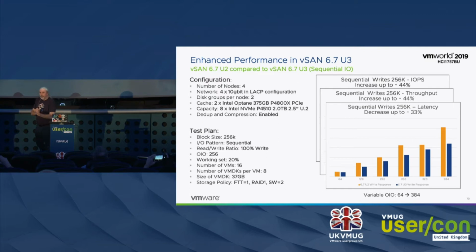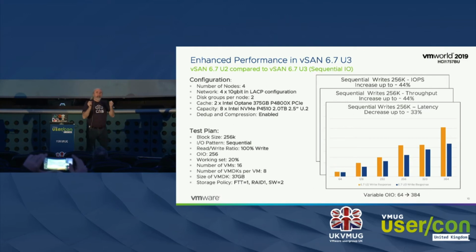So the takeaway from this, and you don't even have to watch his 1 hour session now, I can just give you this overview, is that if you're a vSAN customer, or you're planning to be a vSAN customer, and you're using deduplication and compression, then the 6.7U3 release is definitely worth considering upgrading your system to.